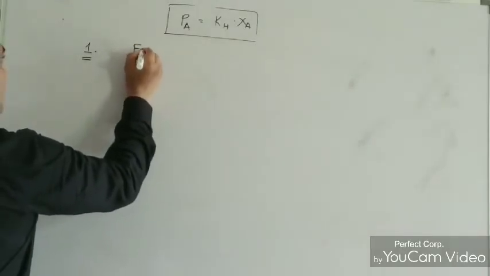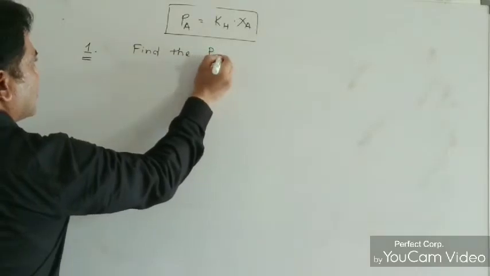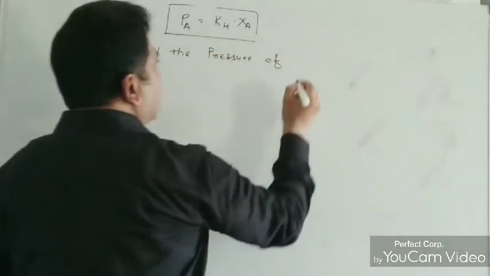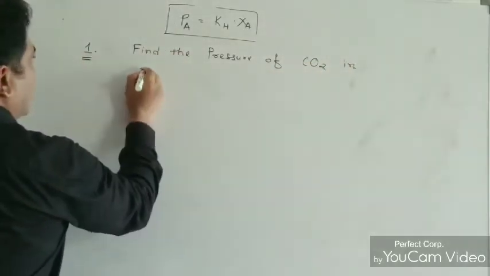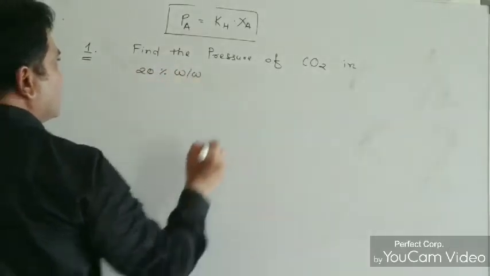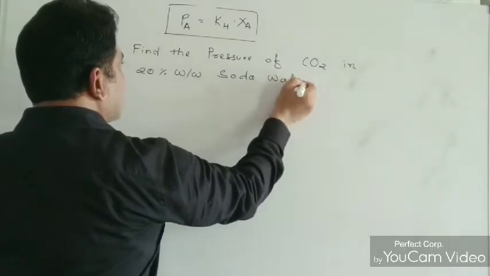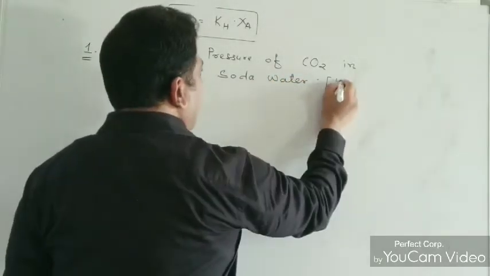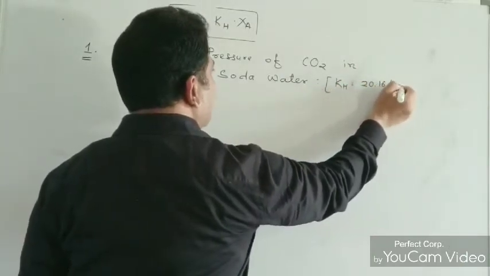Find the pressure of CO2 in 20% W/W soda water. What a simple question I have given, and in brackets I have written KH is equal to 20.16 bar.